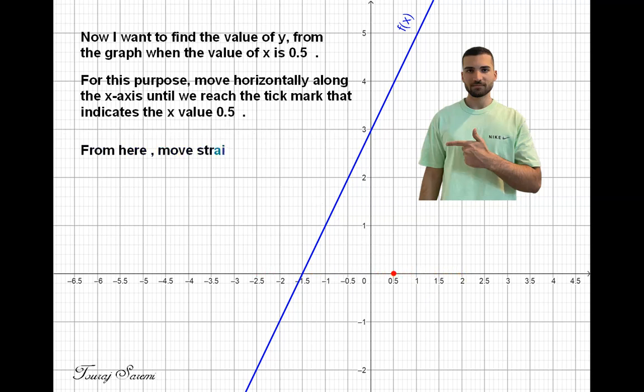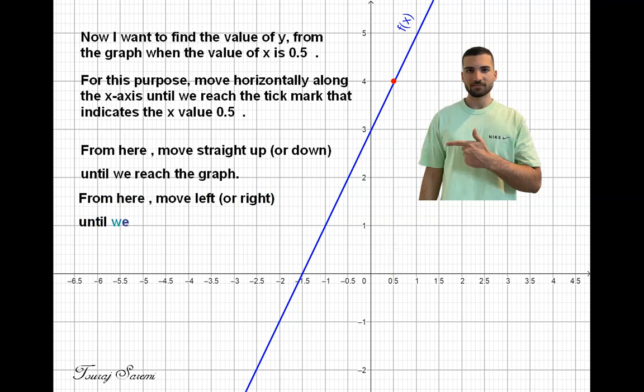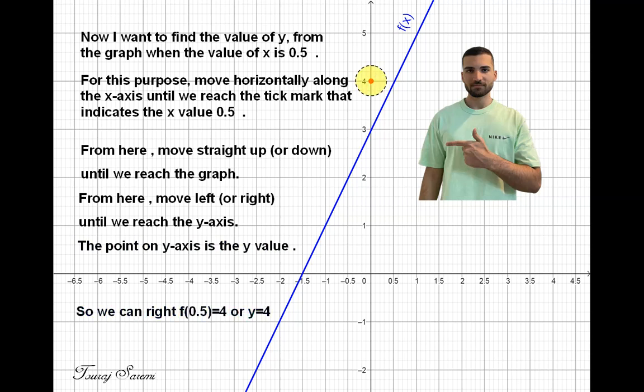From here, move straight up or down until we reach the graph. From here, move left or right until we reach the y-axis. The point on the y-axis is the y value. So we can write f of half is equal to 4, or y equals 4.